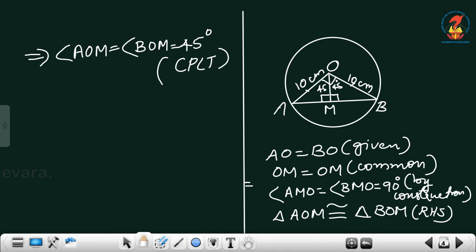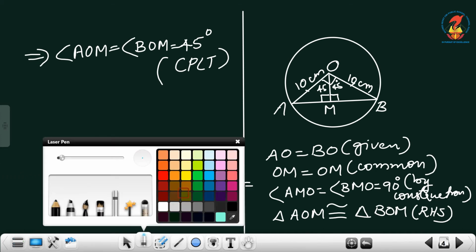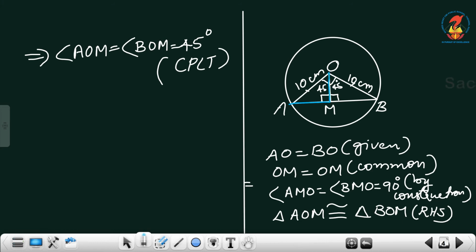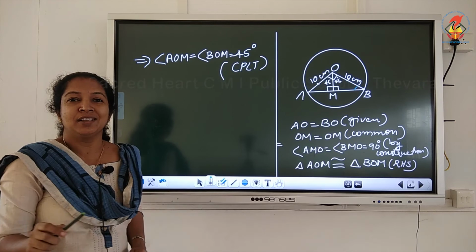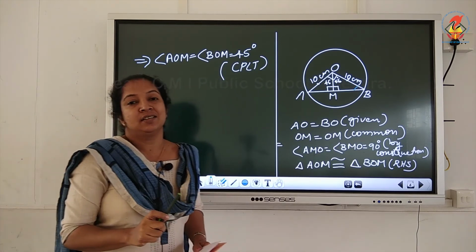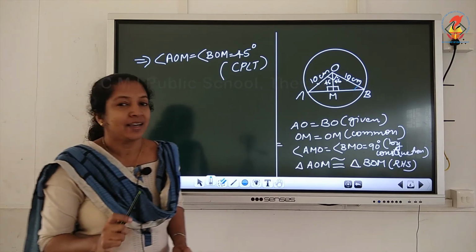So what we got is two triangles, AMO and BMO, in which one angle is 90 degree and other two angles are acute angles. These two are acute and these two are acute.